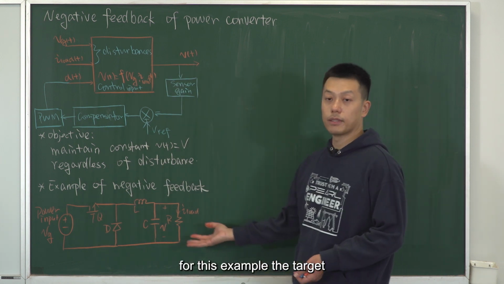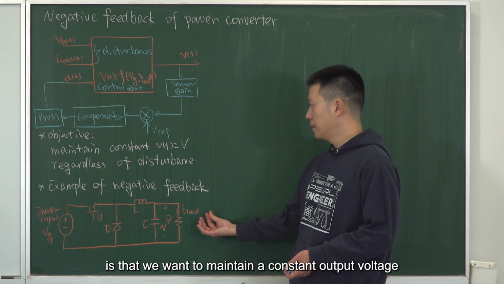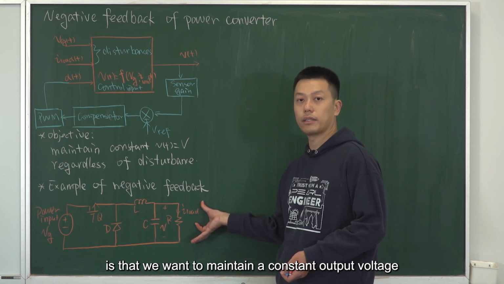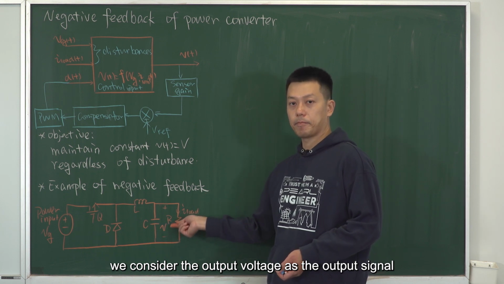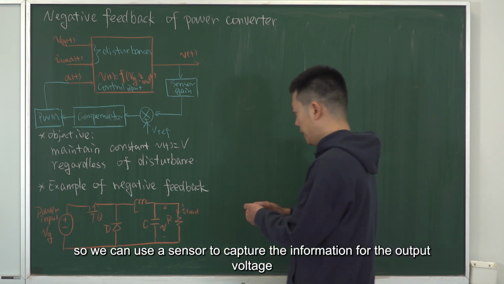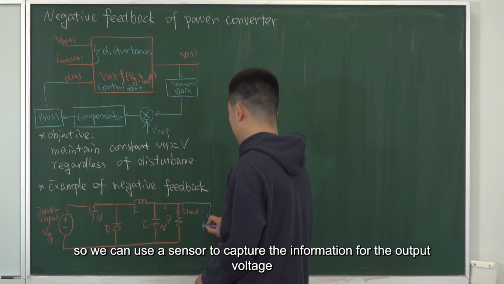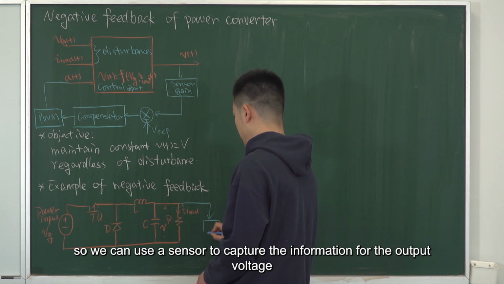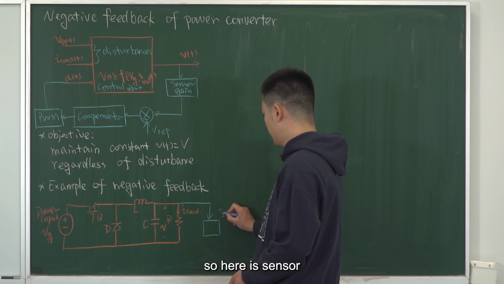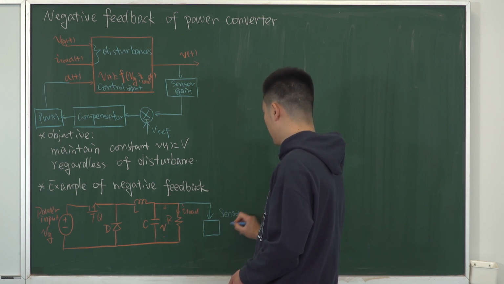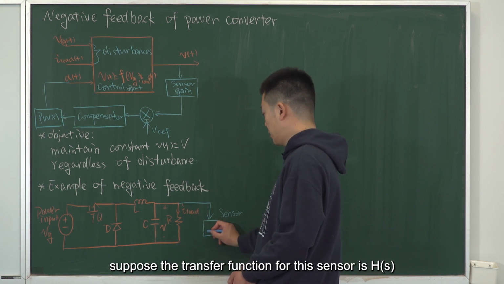For this example, the target is that we want to maintain a constant output voltage. We consider the output voltage as the output signal. So we can use a sensor to capture the information of the output voltage. So here is the sensor. Suppose the transfer function for this sensor is Hs.